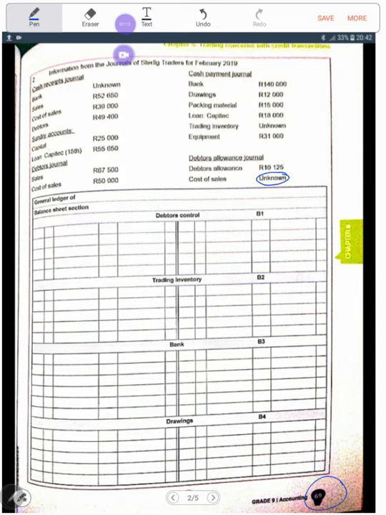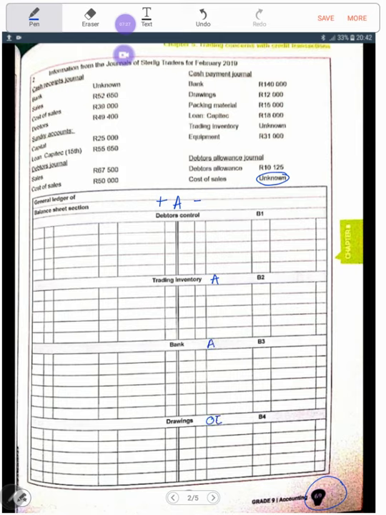Alright, remember classifications of accounts. Debtors control is an asset. It increases on the debit side and decreases on your credit side. The very same with trading inventory. It's an asset. Bank is an asset. Drawings, the debit, is owner's equity. And what do we do with drawings?